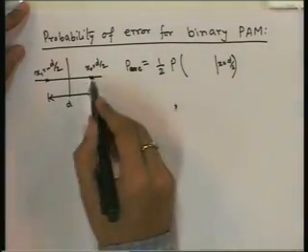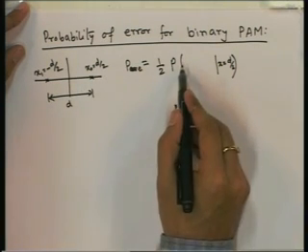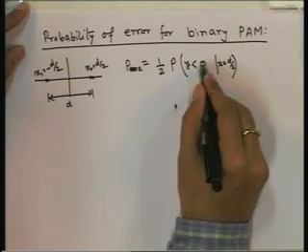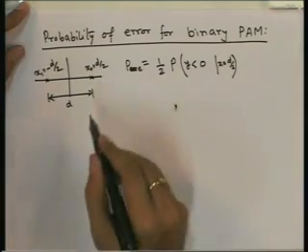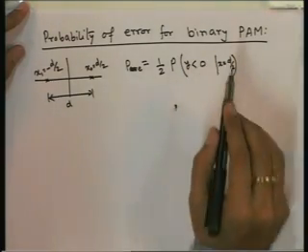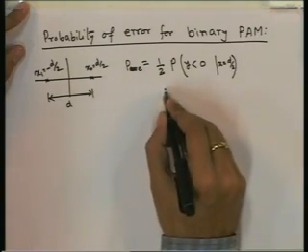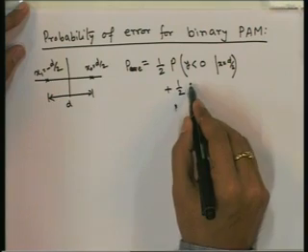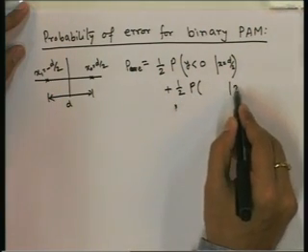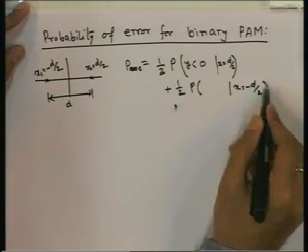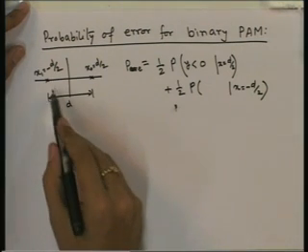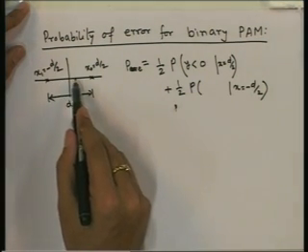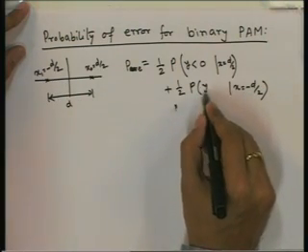So, the probability of error when this is transmitted is nothing but probability of y less than 0 when x is equal to d by 2. Y is equal to x plus noise, remember that, and plus half times the probability of error when x is minus d by 2. Error will happen when y is greater than 0 for this case.